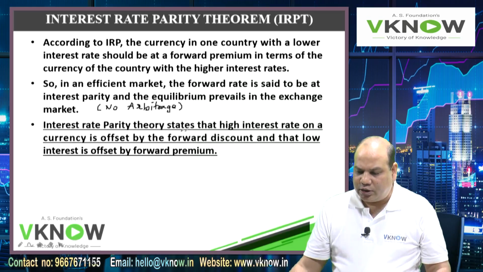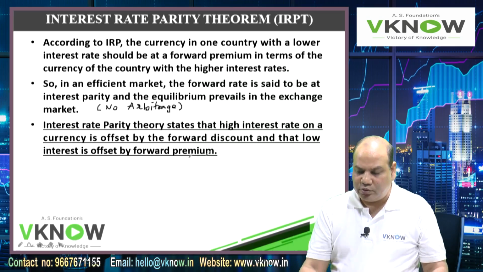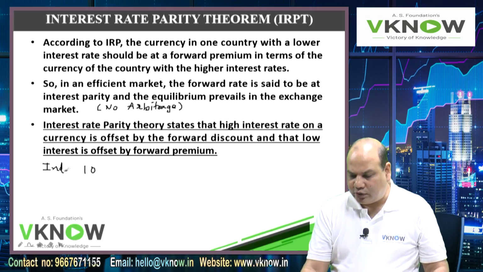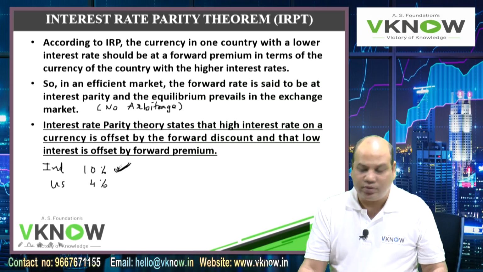Interest rate parity theorem states that high interest rate on a currency is offset by the forward discount, and that low interest rate is offset by a forward premium. Look at the example we solved. In India, the interest rate was 10%. In USA, the interest rate was 4%. So India is trying to attract foreign investment by offering a higher interest rate.